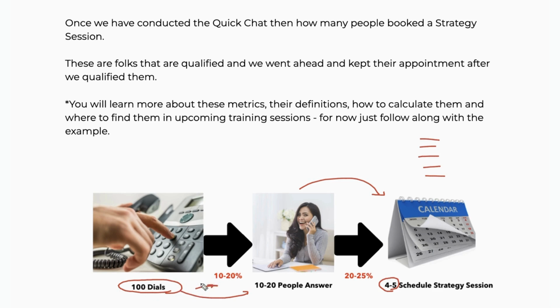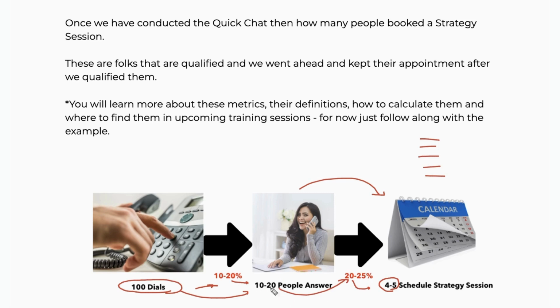So you called 100 people, 10 to 20% will pick up, which is about 10 to 20 people, so you'll do about 10 to 20 quick chats. Then after speaking with 10 to 20 people, about 20 to 25% of them will schedule a strategy session.